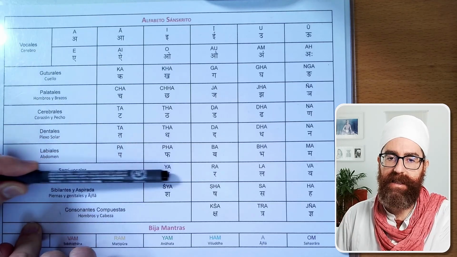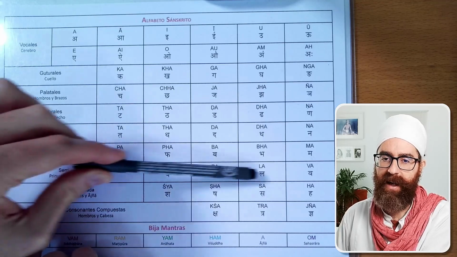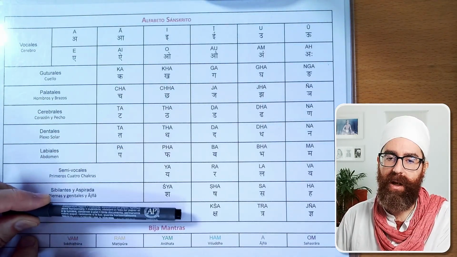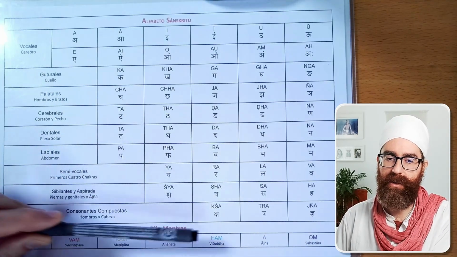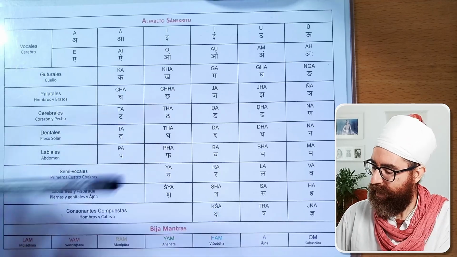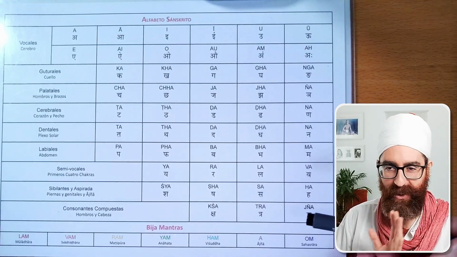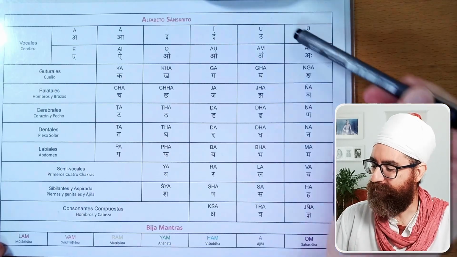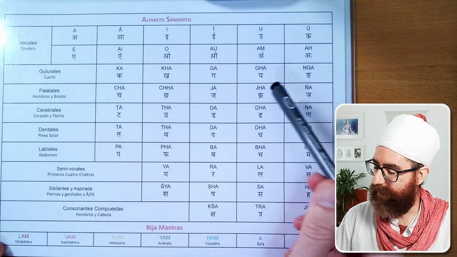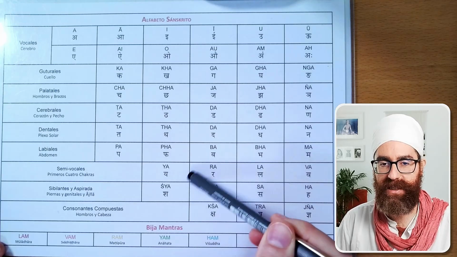Then there are these semivowels, which are special, ya, ra, la, va, and the sibilants, aspirates, and then a few compound sounds. Don't worry about this, it will be relevant later. We will see it all in this course, slowly, little by little. Today we're going to focus on the vowels, and on differentiating them from consonants and from semivowels.